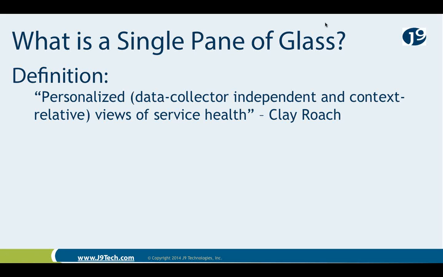So the real key concept to understand in terms of a pane of glass here is that it's a way to gather and normalize data all in one location, and then present views on top of that data that are context sensitive, that will show specific application metrics if you're a line of business or application owner, or if you're an executive, you want to understand the overall system that are relative to you.